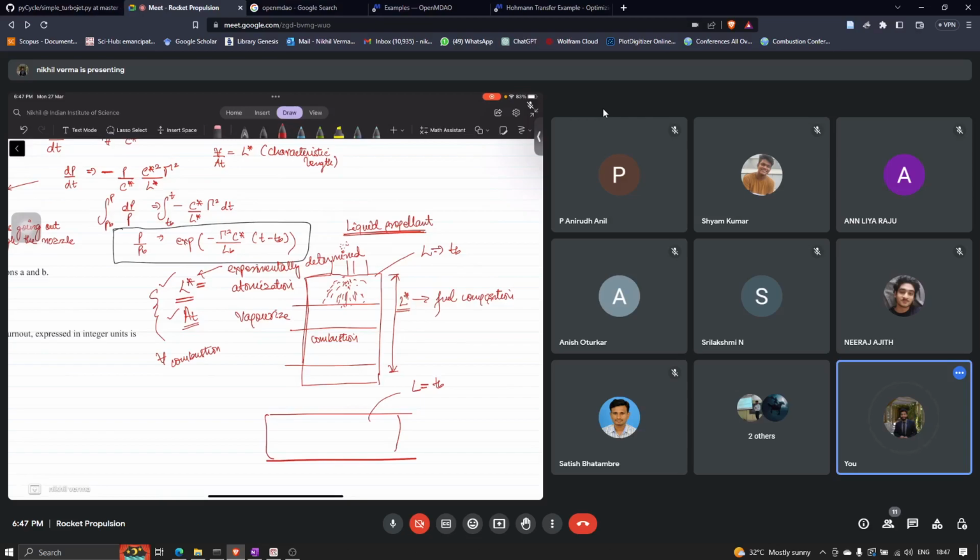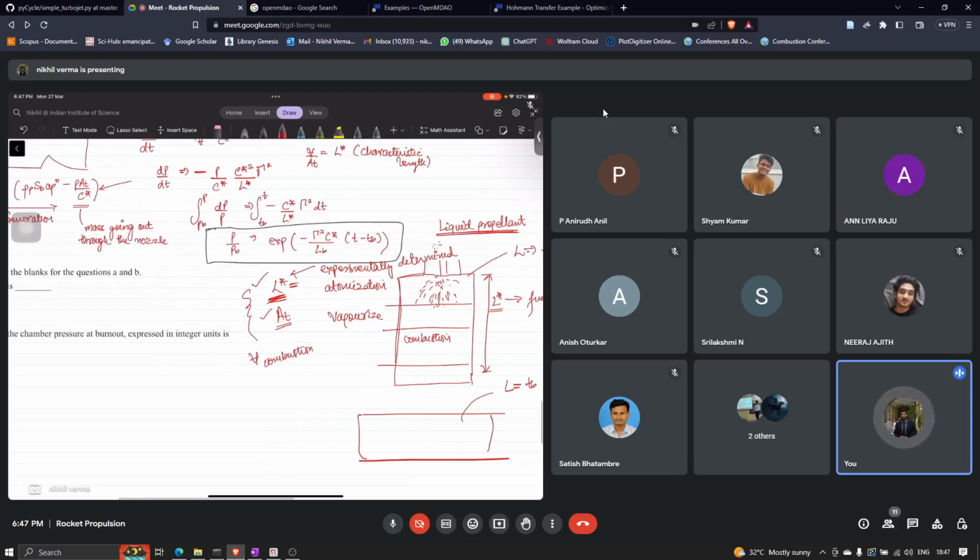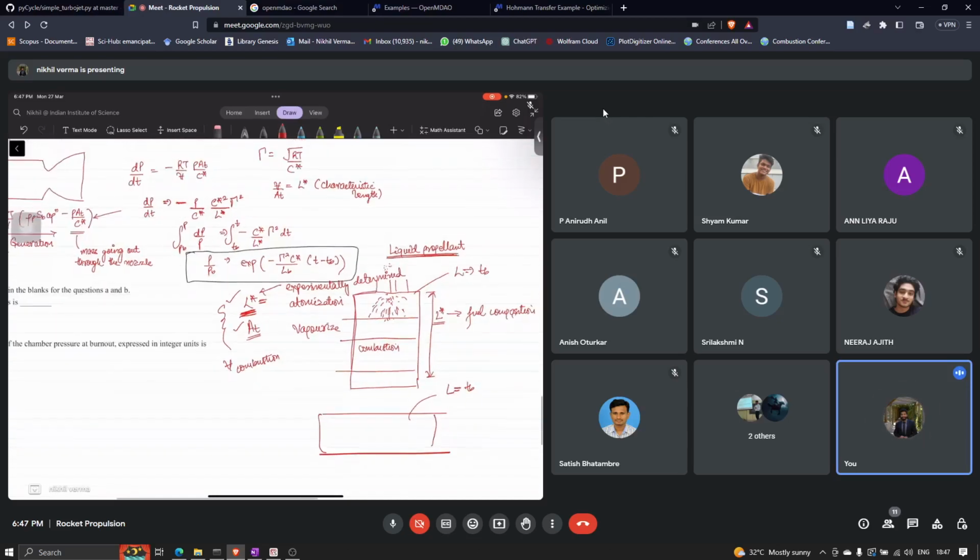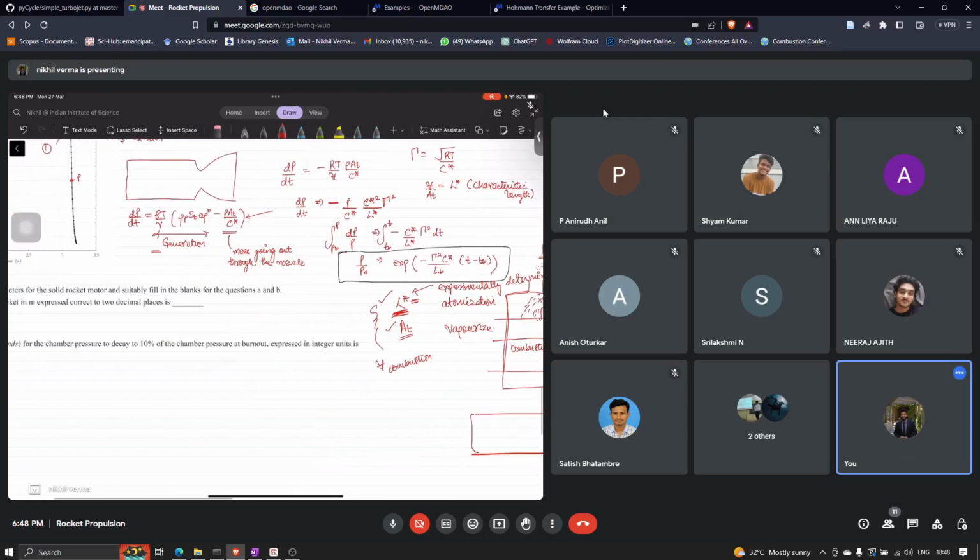For liquids, L star is experimentally determined because it depends on the droplet sizing as well as the type of fuel that you are using. I do not have more information on this. Maybe in the next class I'll try to explain it to you. Okay. Sure.